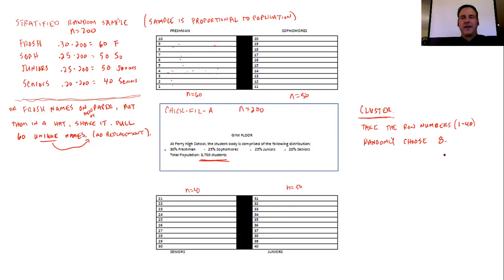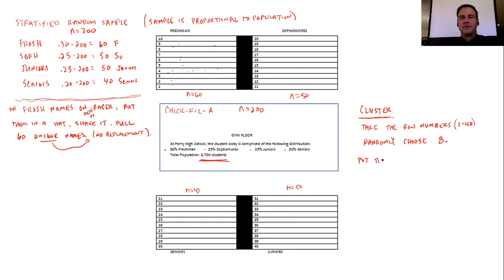Whatever 8 we get, we will survey and give a sandwich to all the members of those respective 8 rows. Let me write this clearly. Take the row numbers 1 through 40. Randomly choose 8.